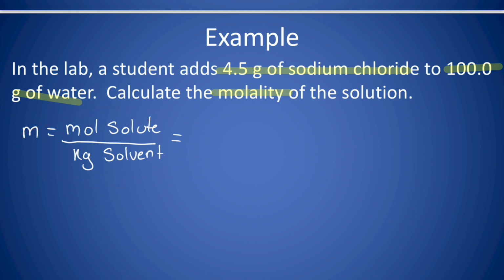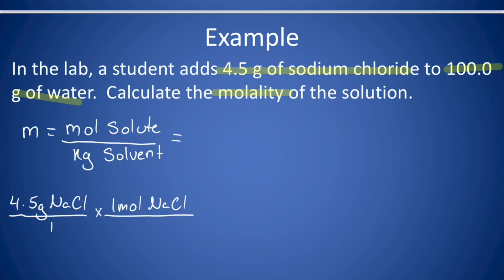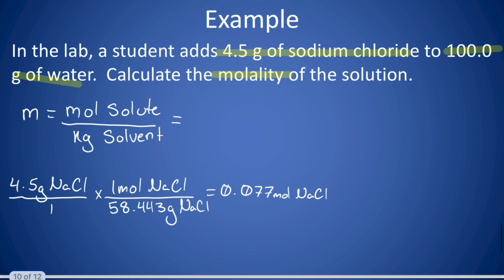So the first thing I'm going to have to do is figure out my moles of solute. And that's just going to be some basic stoichiometry to go from grams to moles for sodium chloride. So some basic stoichiometry allows me to determine my moles of solute.